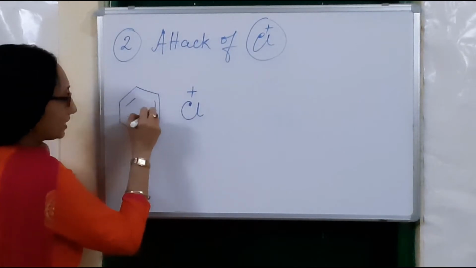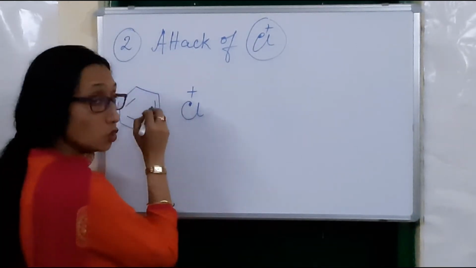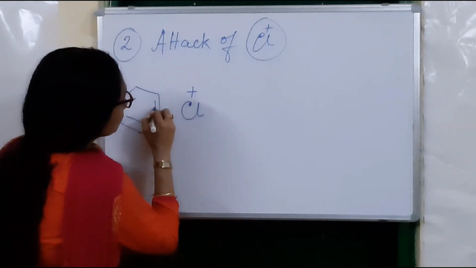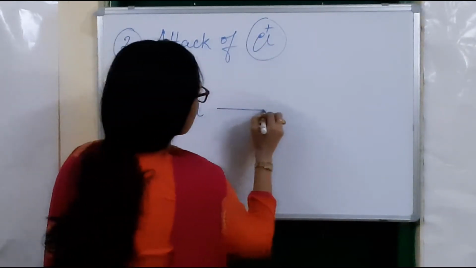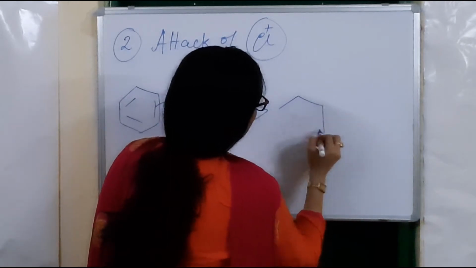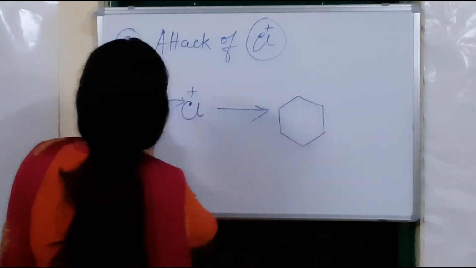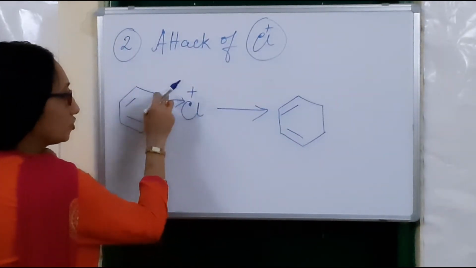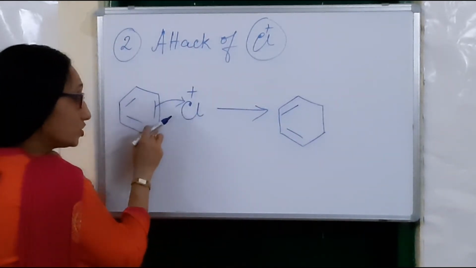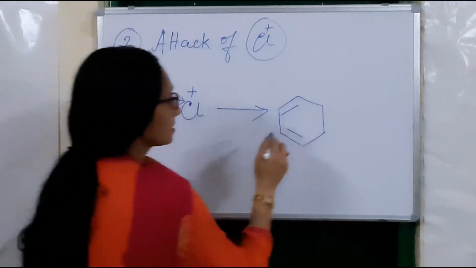Now these pi electrons are comparatively loose. So what will they do? They will attack the Cl plus. This bond intact. So if we were attaching this Cl to this carbon, then the adjacent carbon will become plus.